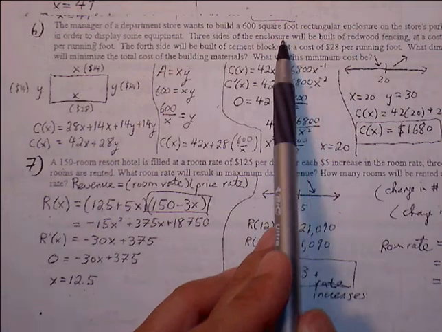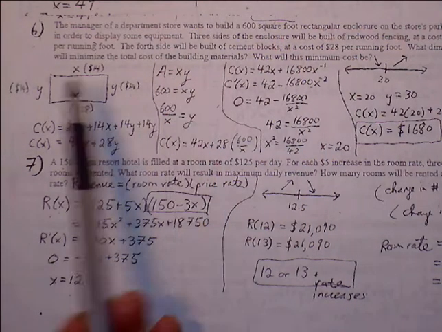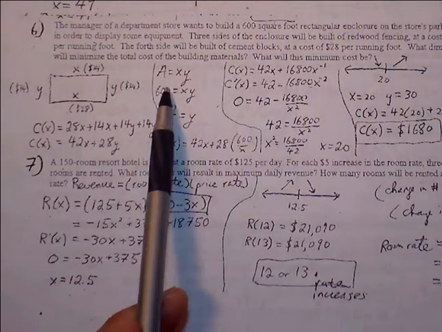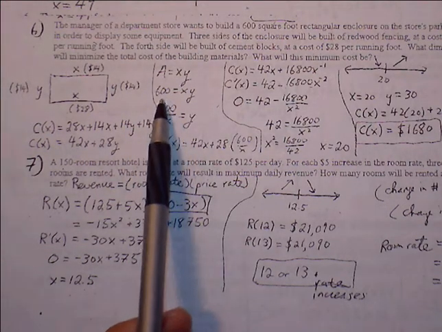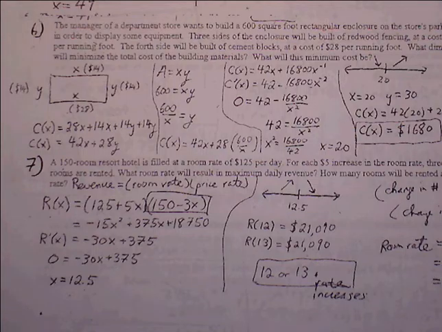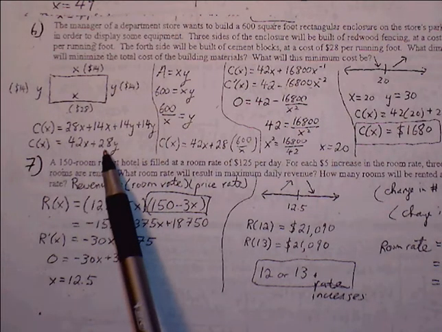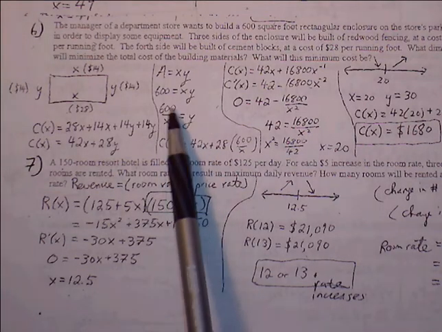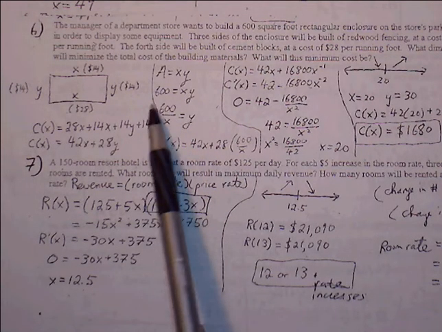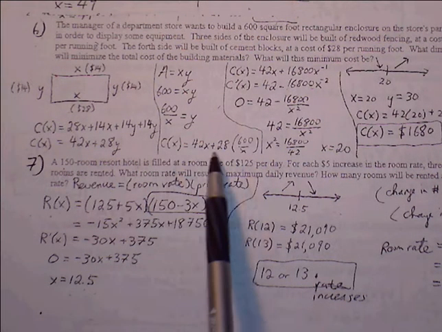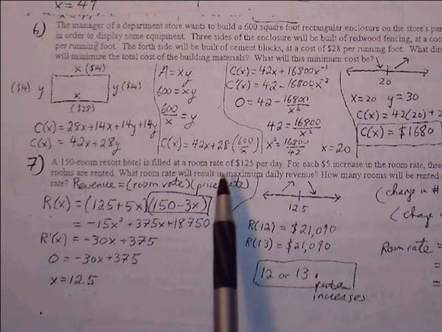We know area is 600 square feet, and area of this rectangular enclosure is length times width, which is x times y. Replace A with 600, and I'm going to solve for y in terms of x. So y is 600 over x. Replace y with 600 over x, and now I have my cost equation down to one variable.